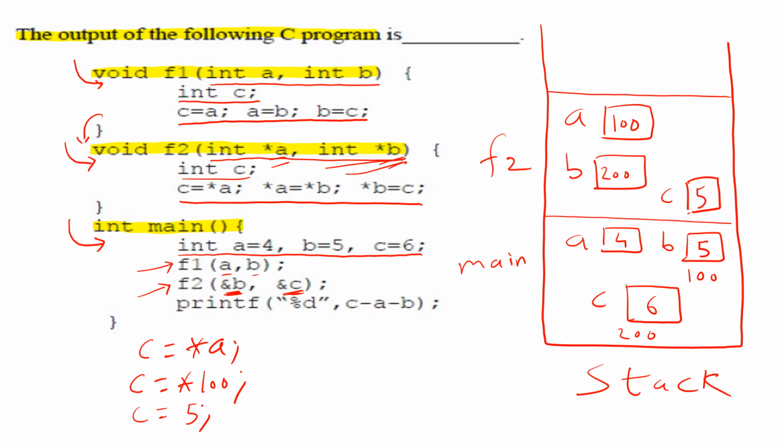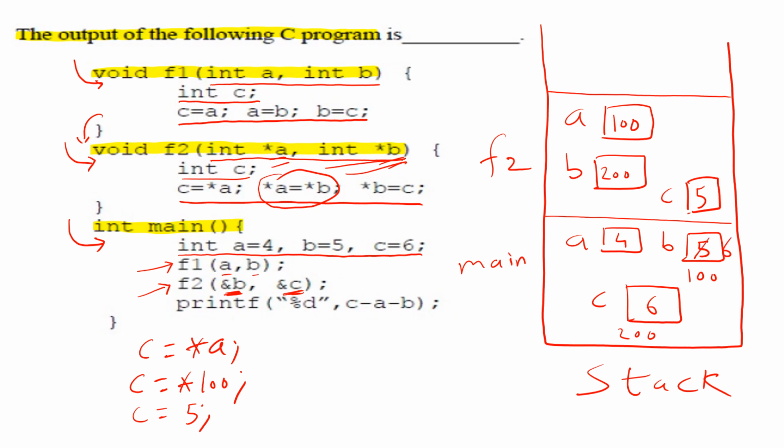Right. Likewise, the next statement is star A assigns star B. So value at address contained in B, right? B contains address 200, value at address contained in B is 6. That should be copied into value at address A. So this 6 is copied over here.